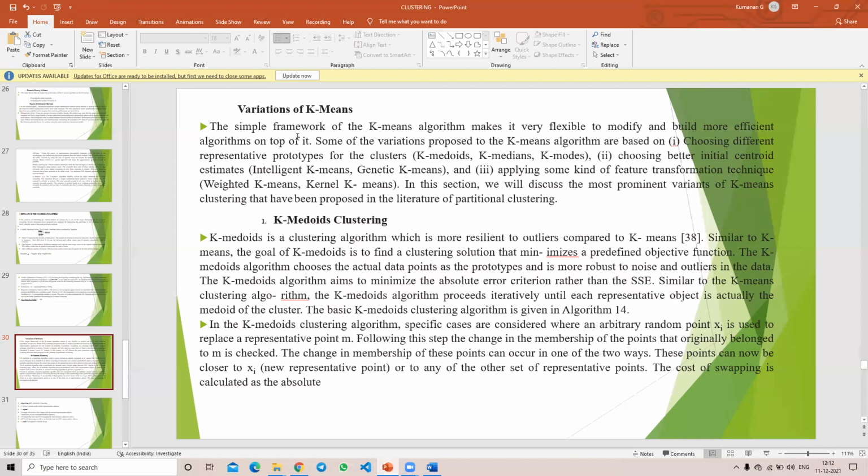The k-medoids algorithm chooses actual data points as the prototype and is more robust to noise and outliers in the data. It aims to minimize the absolute error criterion rather than the SSE. Similar to k-means, the algorithm proceeds iteratively until each representative object is actually the medoid of the cluster.